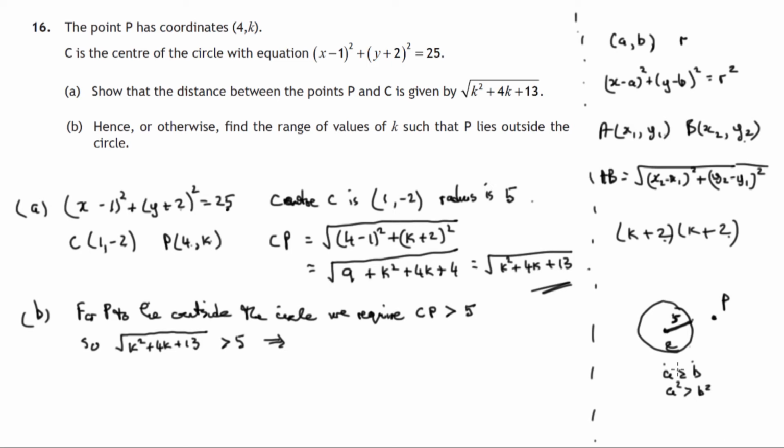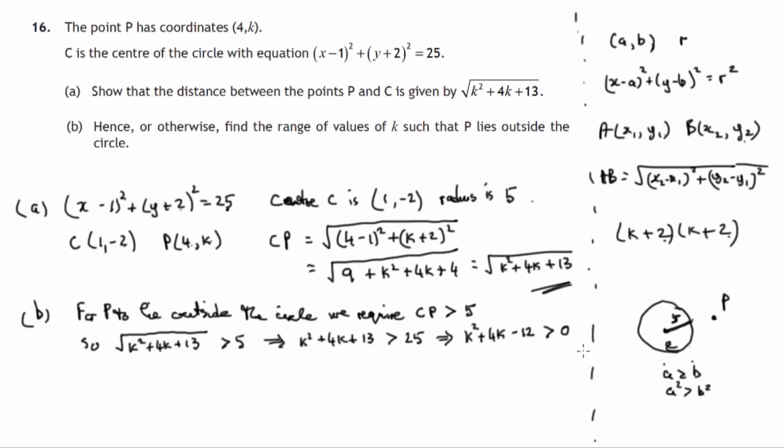It gets more complicated if one of them is negative, but they're both positive, so we can square both sides and keep that inequality intact. The square root just disappears: k squared plus 4k plus 13 is greater than 25. Let's take 25 away from both sides: k squared plus 4k, and 13 minus 25 is minus 12, greater than 0.